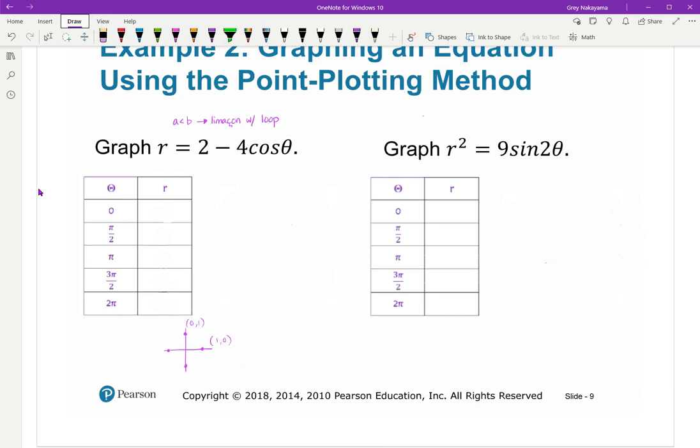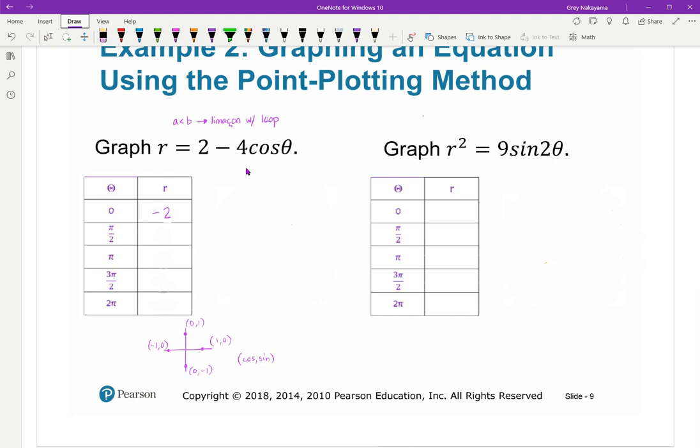At pi over 2, at pi, and at 3 pi over 2, and then back to 2 pi. Remember that the first number represents cosine and the second one the sine. So if I have to find 0, that's this coordinate right here. I'm doing the cosine, so every time I'm going to use the first coordinate. So this is 2 minus 4 times 1, which is -2.